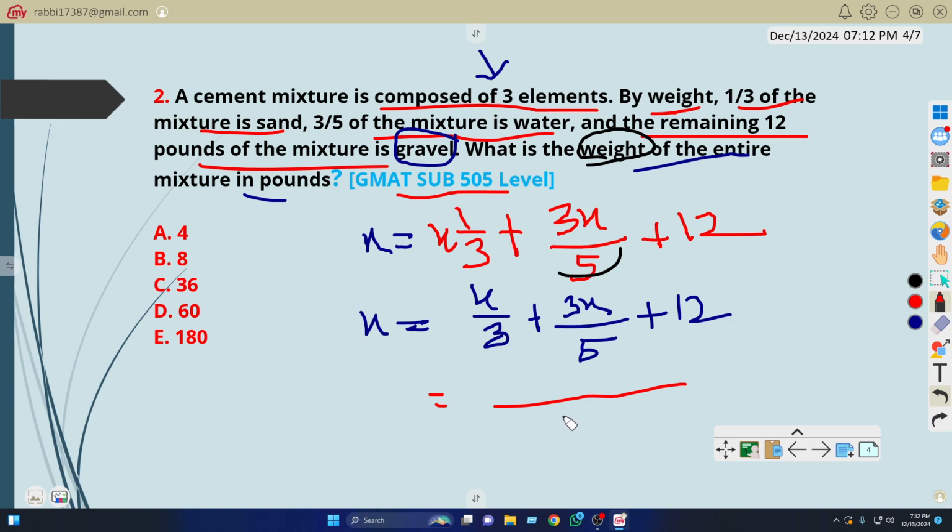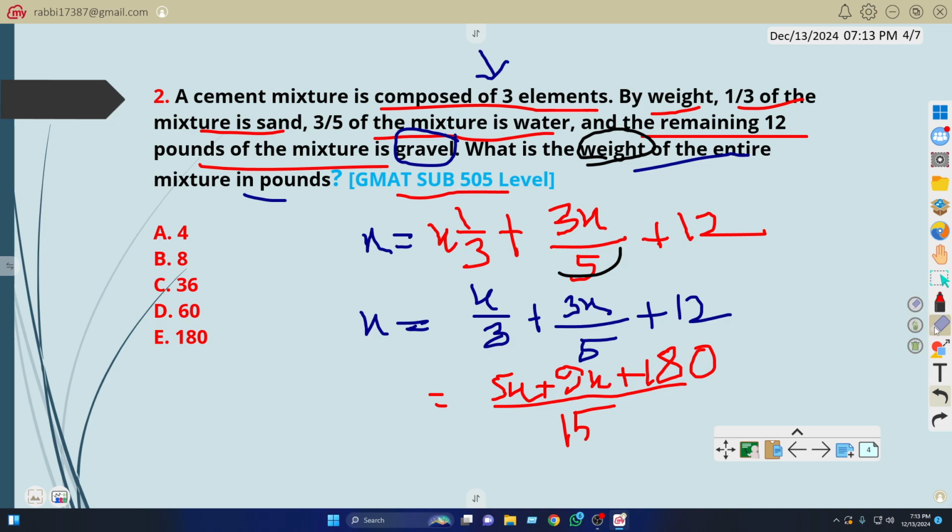5 threes are 15. That is divided by 3, which gives 5x. This is LCM-type maths and equation solving maths, and 12 times 15 is 180. So that is 15.